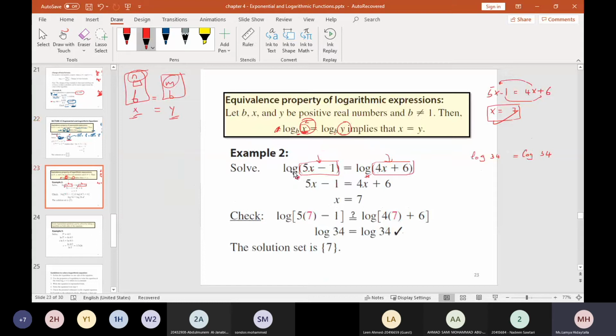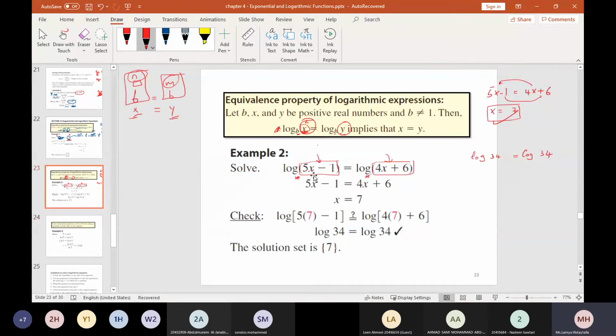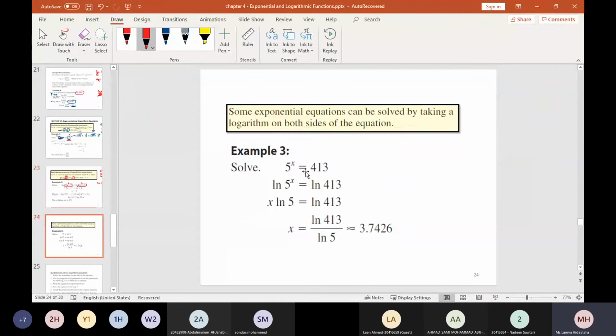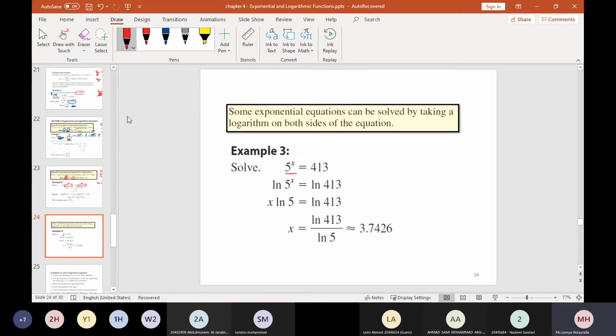Or if I have the logarithm of something equal to the logarithm of something, then we equate just the arguments and solve. Now here I want to solve, but the x is up in the exponent. To solve for x, it should be alone in one hand, so I don't need it up in the exponent. How can I solve? I can't.